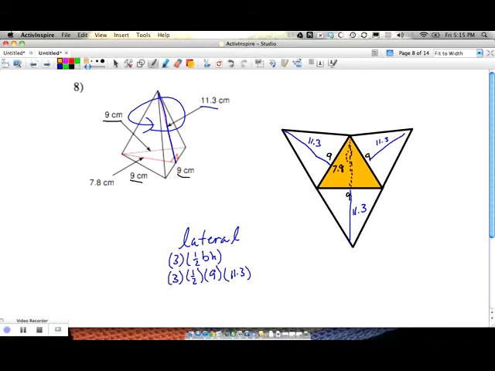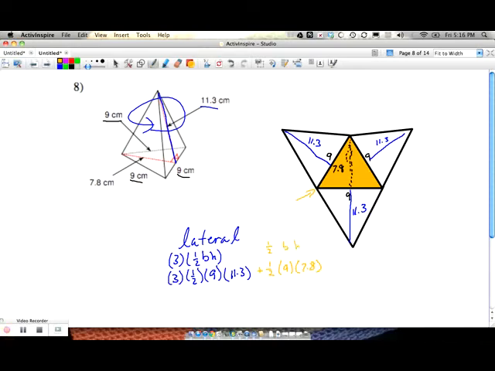Now if I wanted to figure out my base area, which is here, the bottom, that's just one triangle, and it's 1/2 base times height. Well, my base is 9, and my height is 7.8.